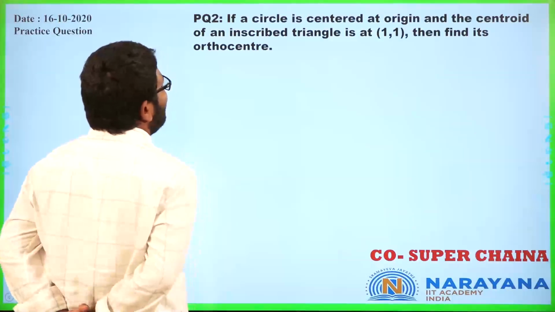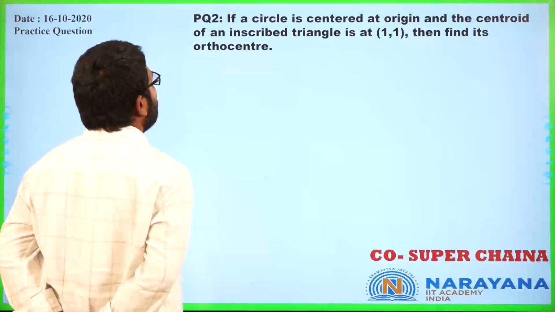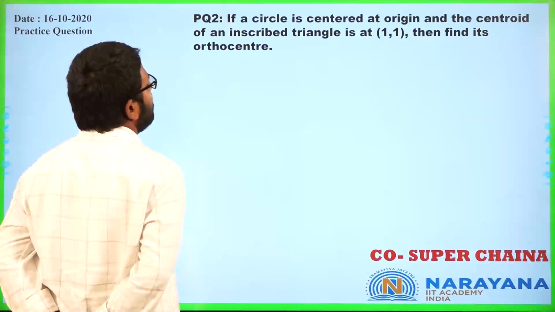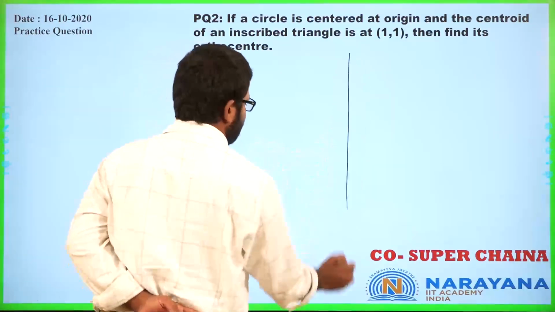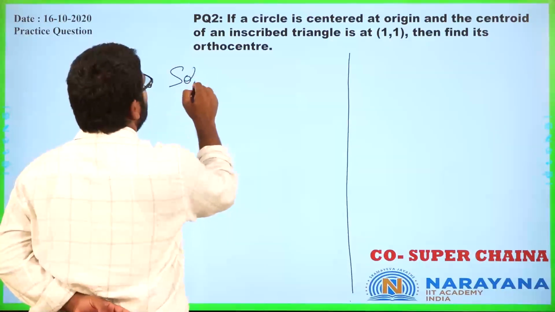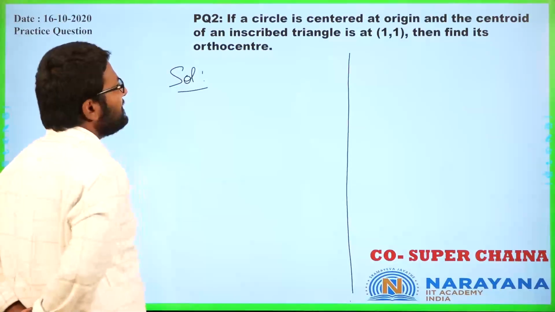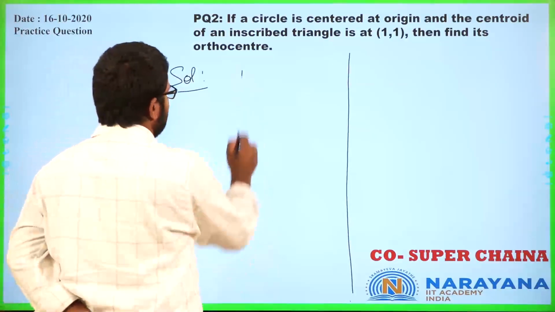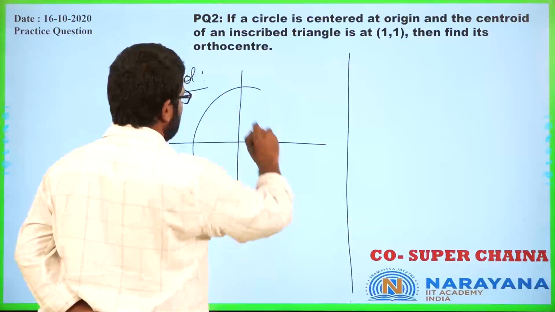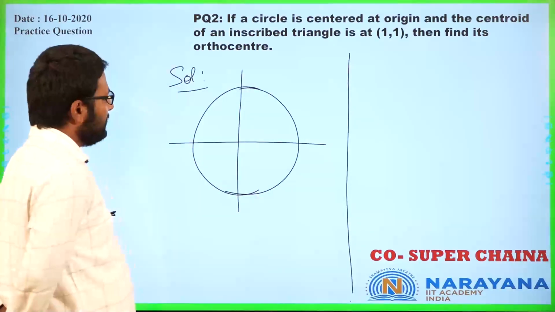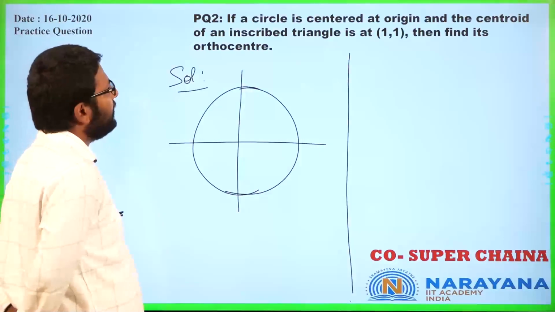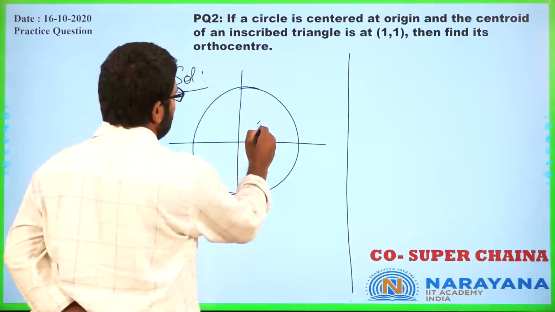If a circle is centered at origin and the centroid of an inscribed triangle is at 1, 1, then find its orthocenter. Okay. We have a circle that is centered at origin and an inscribed triangle for which the centroid is 1, 1. Let us mark 1, 1.